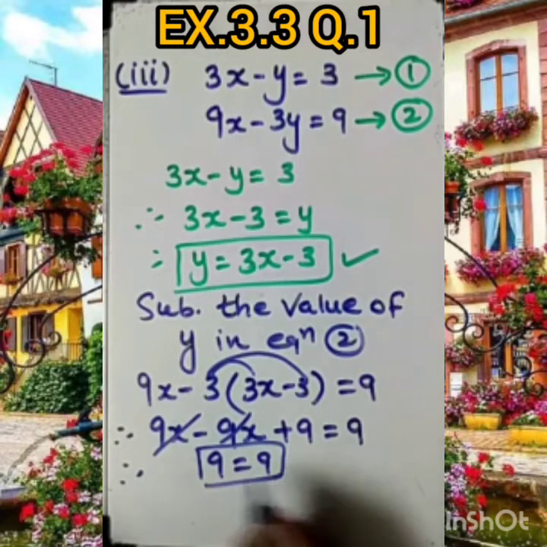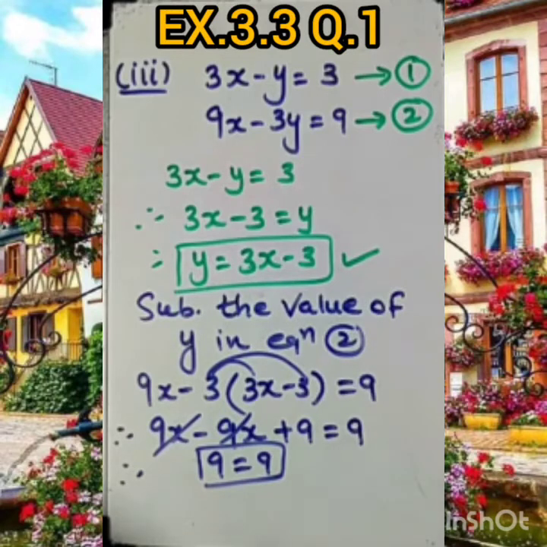In such a case, no variable exists. No variable exists, then how to solve? In that case, we need to write the given equation. Actually we need to mention the final answer. This type of equation will have infinitely many solutions.